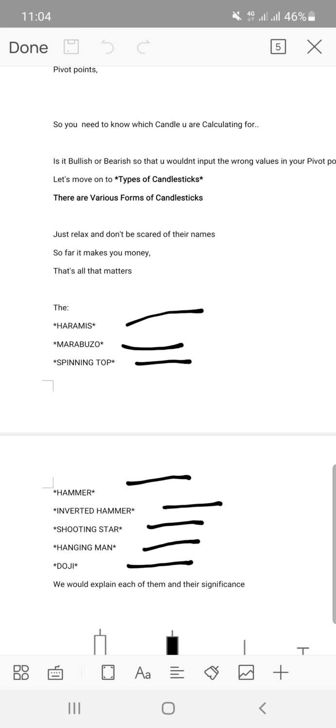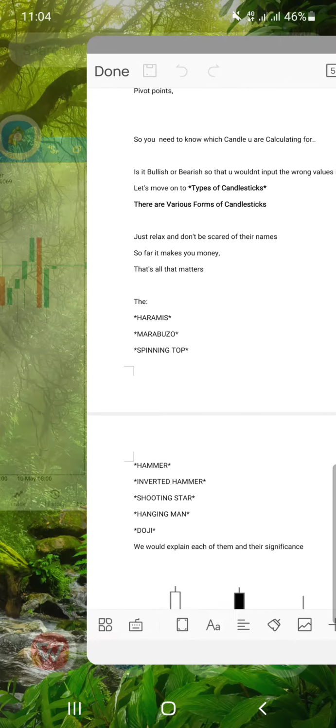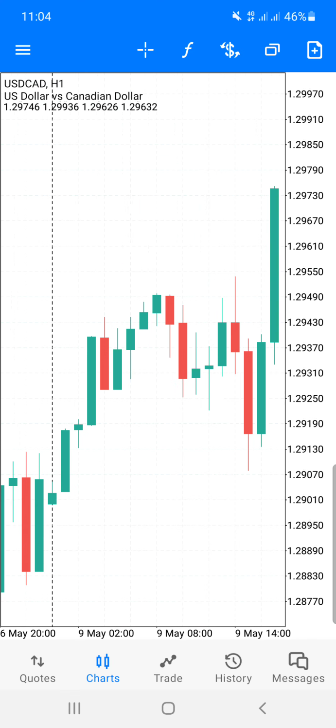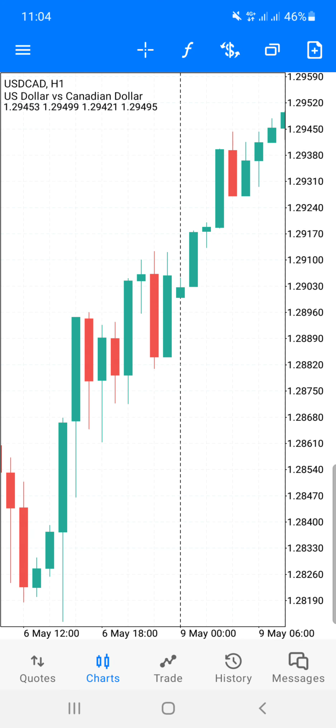You understand? So these are different kinds of candles. All the candles you are seeing here, the names are those funny names I just mentioned. Those are the names of most of them here, but I'm going to explain one by one which is which, so you understand better.